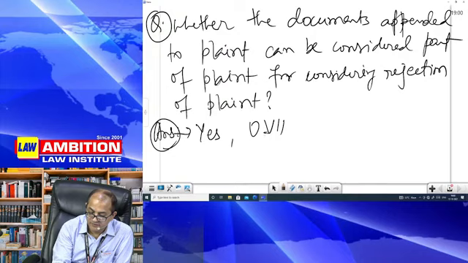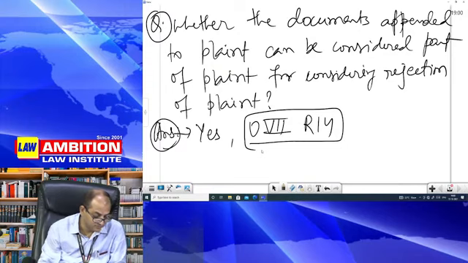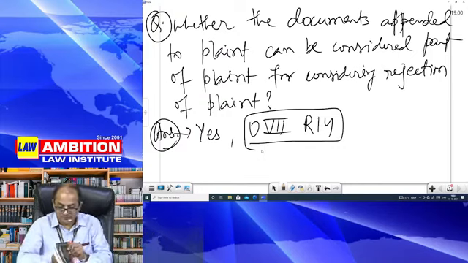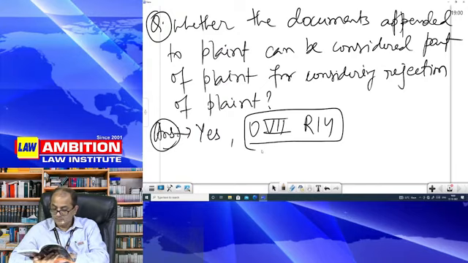If you read Order 7, Rule 14, it very clearly says that we have to file these documents. Order 7, Rule 14: Production of document on which plaintiff sues or relies.